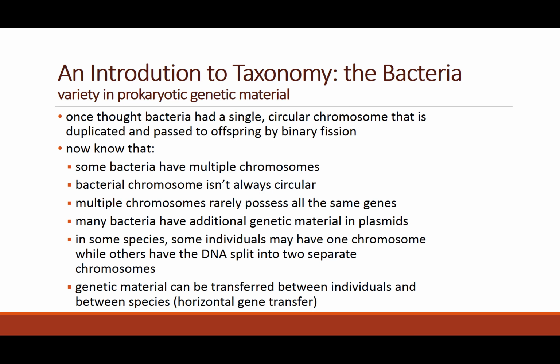And then, as we've talked about a little bit, there is genetic transfer among individuals of the same species. What we talk about is horizontal gene transfer. So if we think about binary fission, where one cell produces two daughter cells, and then these daughter cells produce daughter cells as well, this is what we think of as vertical transmission of genetic information.